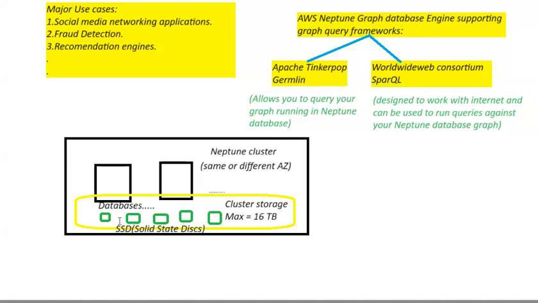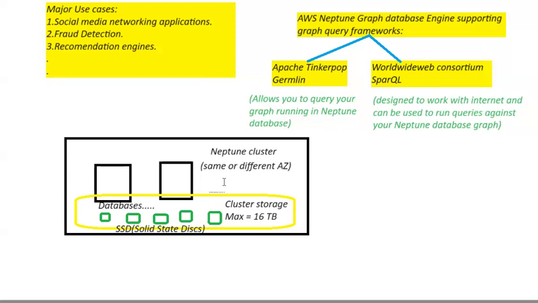As your graph database grows, your shared volume will automatically scale and increase in size as required, to a max of how much cluster storage? That is up to 16 TB only. So this is how it will be.